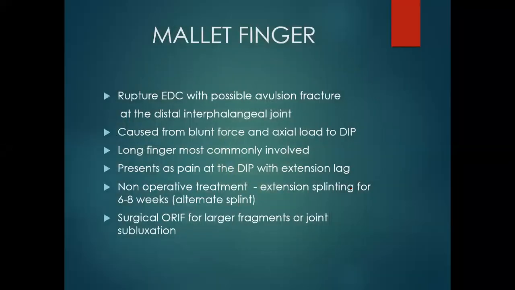Mallet finger. Mallet finger is the very distal portion, your DIP, the distal interphalangeal joint, which has a tendon rupture from blunt force. I've seen kids catching a basketball or football, and they'll have that.